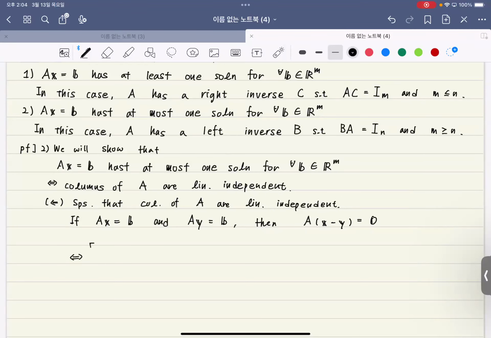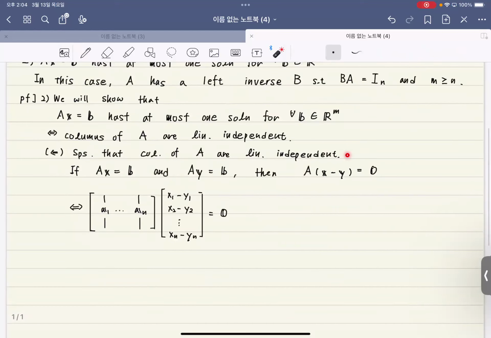Considering the matrix A as a collection of n column vectors, A times (x minus y), written in components from x1 minus y1 all the way to xn minus yn, equals 0.